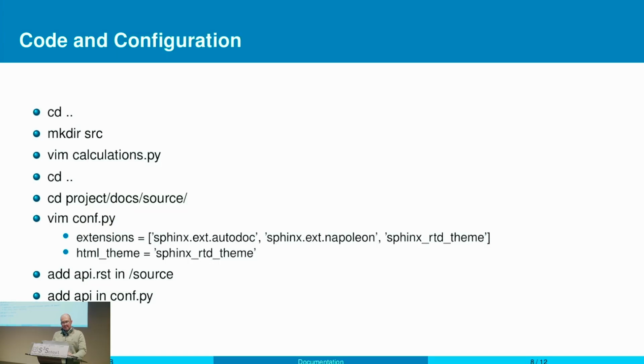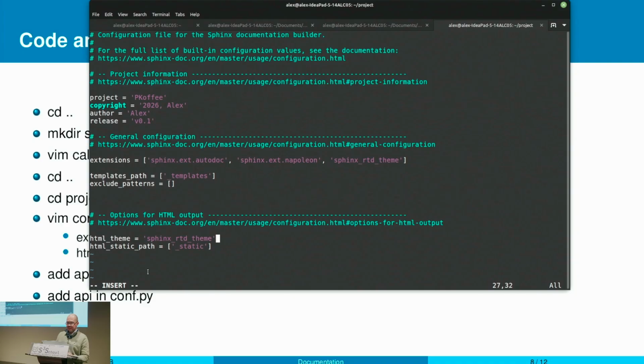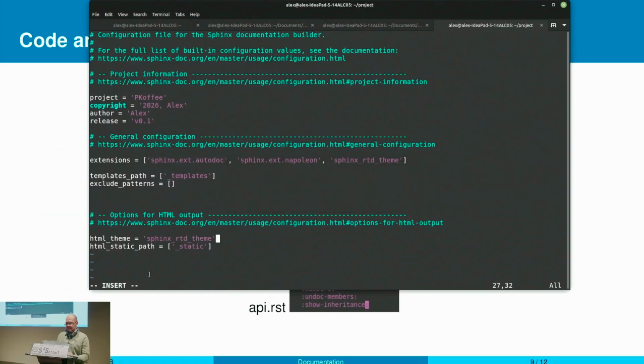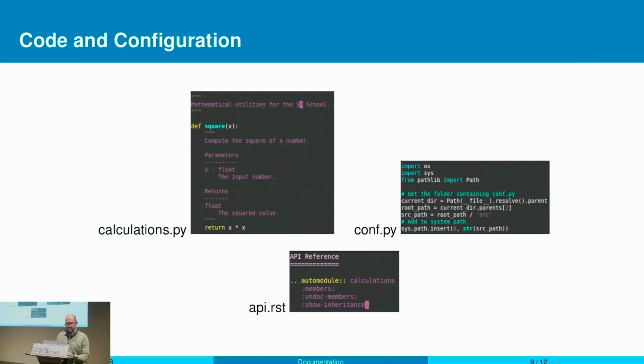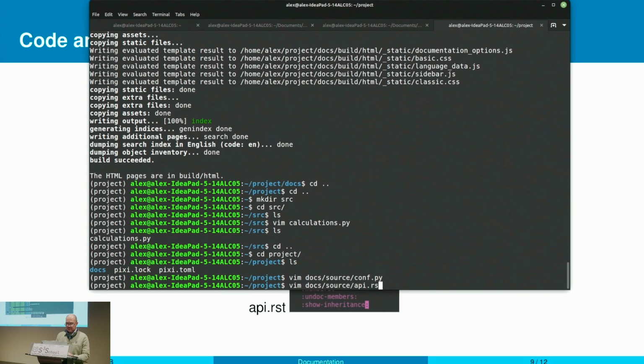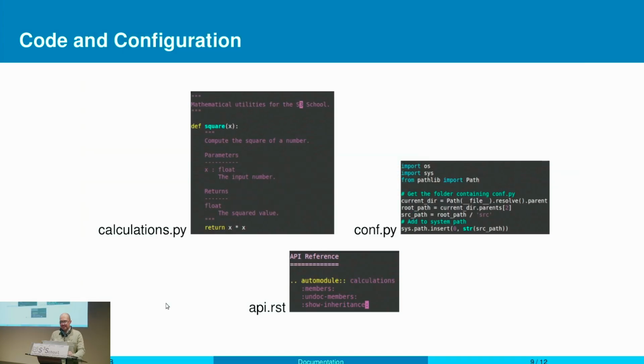Okay. In addition to that, I have to create another file, which is the api.rst file in the source directory. And this is what I have to include in this file. So let's do vim docs source api.rst. And inside, I'm going to include the automodule calculations, the name of the Python file.